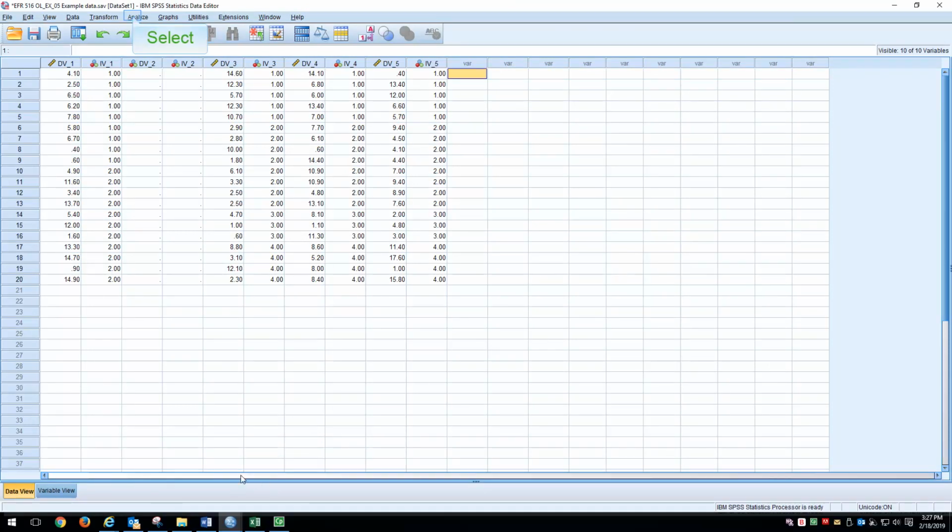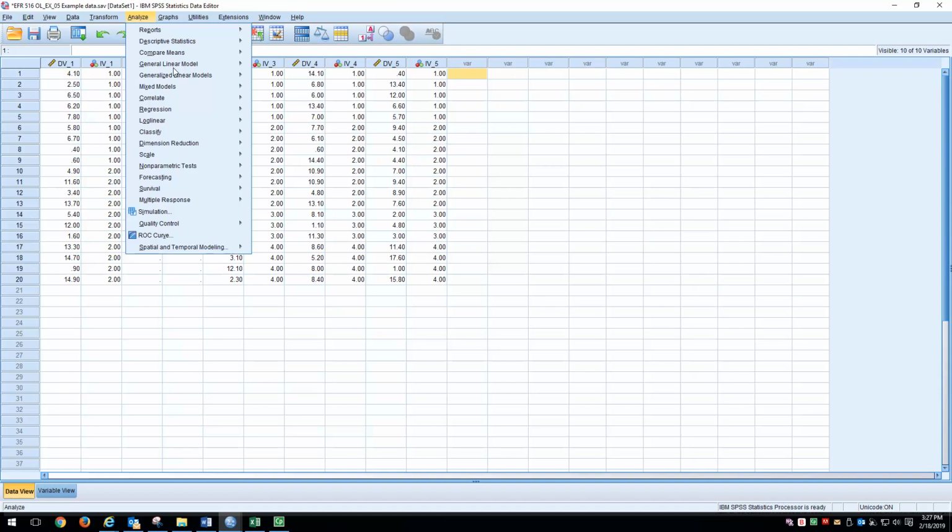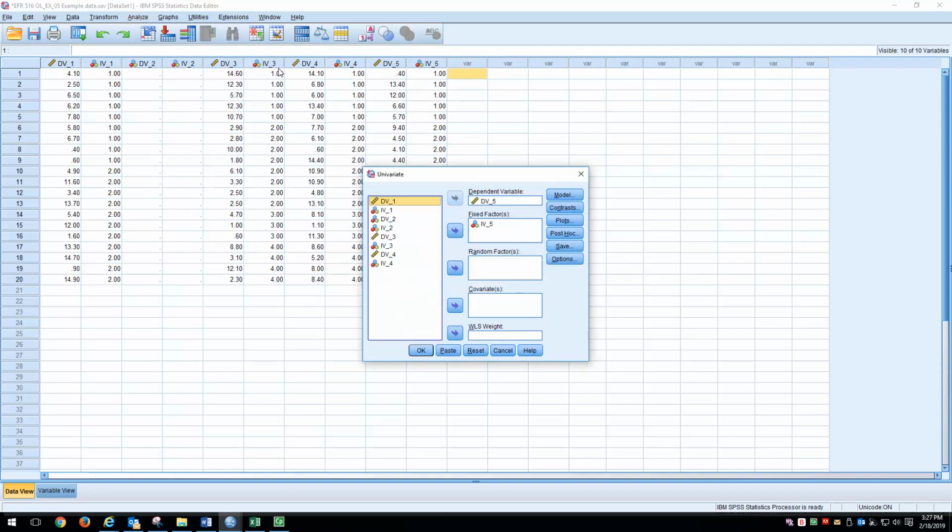I'm keeping my same data set. I'm going to go Analyze, General Linear Model, Univariate. I'll reset this. So my dependent variable is DV1, and my independent variable is my fixed factor, right? So I've got both those, and I'll go ahead and say OK.